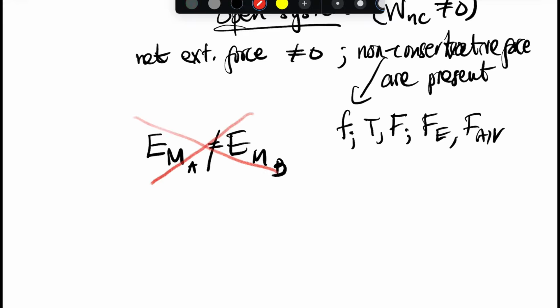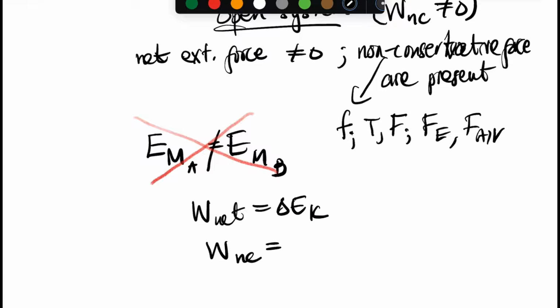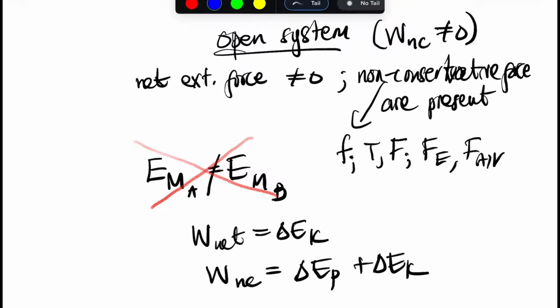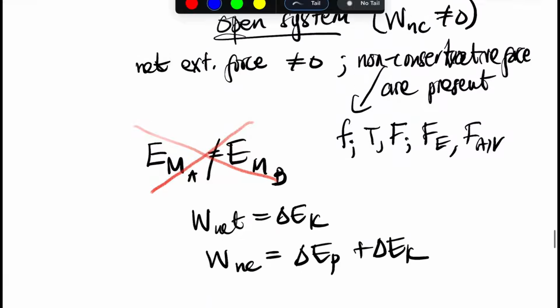You cannot use this one, right? The way you can do it is to use the work energy theorems, both of them, this one and this one. And when the system is open, you must remember that the work done by non-conservative force is not equal to zero. You're not going to substitute zero there, right?